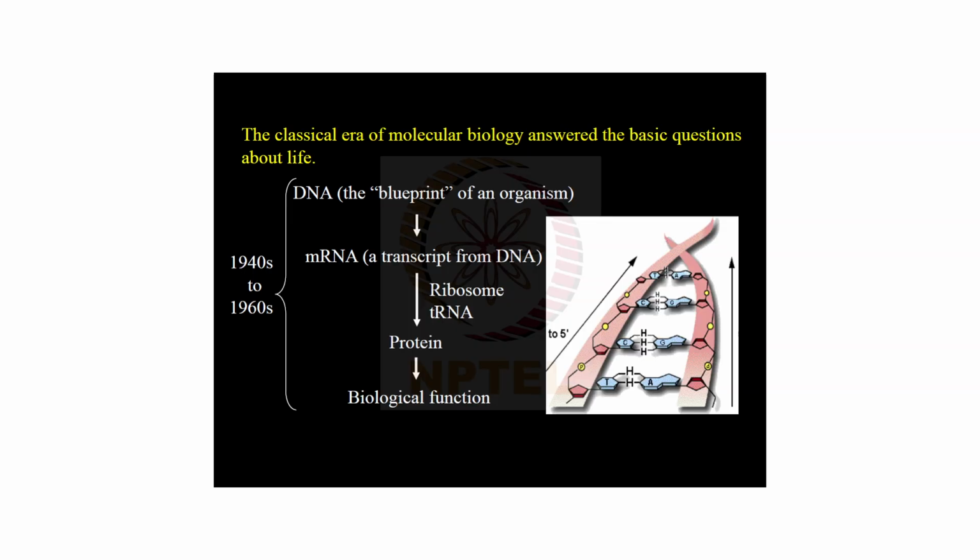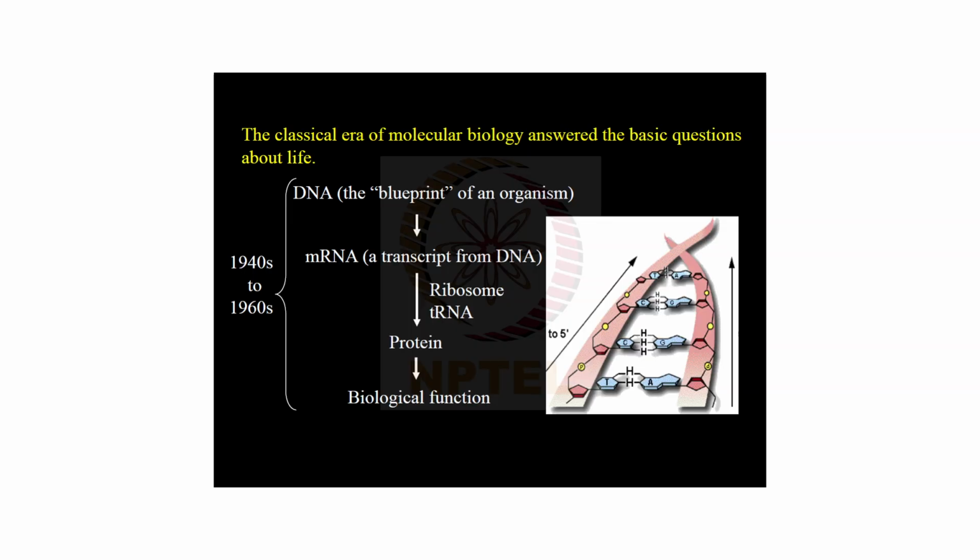So yes, according to molecular biology, we had the answer for genetic material, and we had the answer for the central dogma, basically how proteins are formed from the information. What is the genetic material, how is the information transferred from the genetic material in the form of a protein and different macromolecules, and who is giving the instruction that this process has to occur and these are the molecules that will be involved?